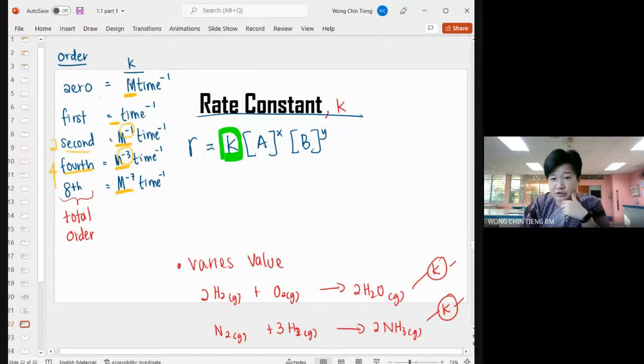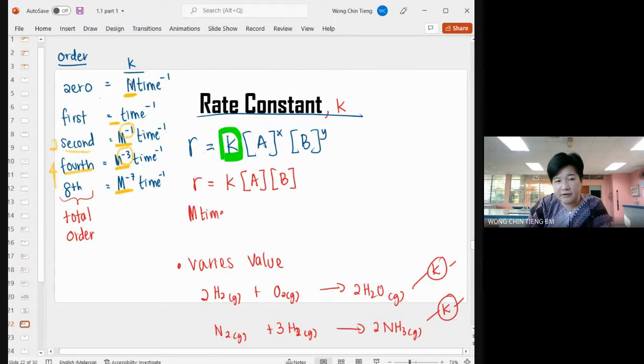Yang ni saya nak tunjuk sikit. Katakanlah saya nak tunjuk untuk yang second order. So second order bermakna R equals K, mungkin A saya adalah kuasa 1, B saya pun kuasa 1. Nampak? Okay. So, rate forever adalah molar per time.